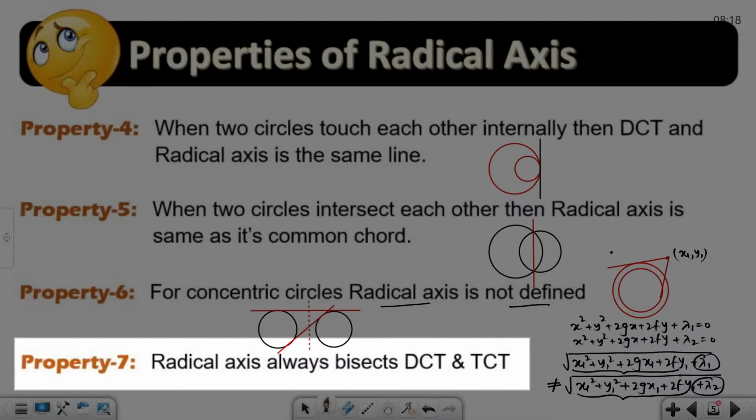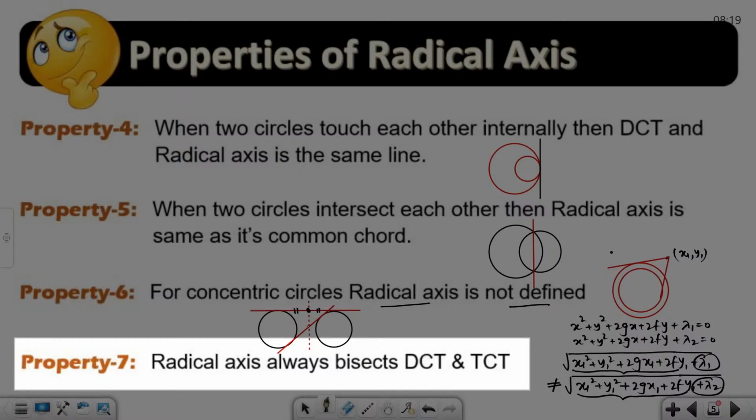Why? Because we know from the definition that any point on the radical axis, if you choose, the lengths of the tangents drawn to the two circles will be equal. So as the dotted line is the radical axis, if you choose any point on the radical axis, the lengths of the tangents to the two circles will be the same. That implies the radical axis is bisecting the direct common tangent.